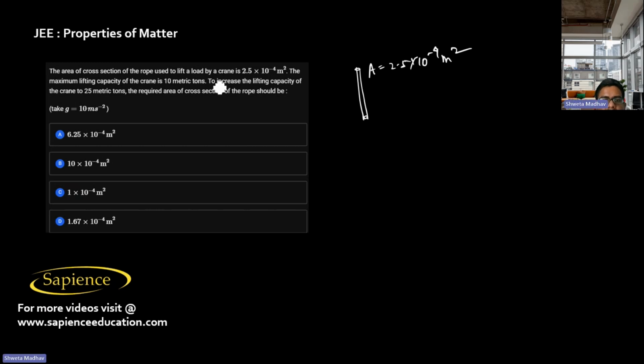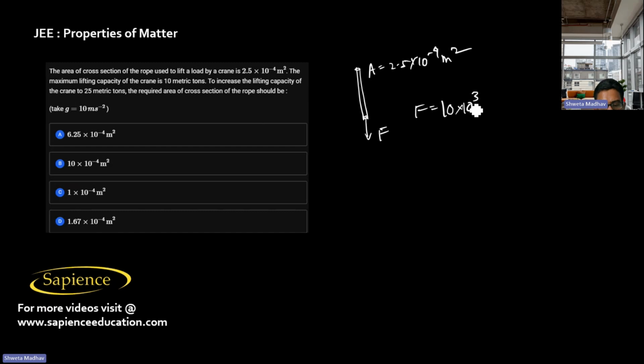The maximum lifting capacity of the crane, how much force it can lift, is 10 metric tons. One metric ton is 1000 kg.